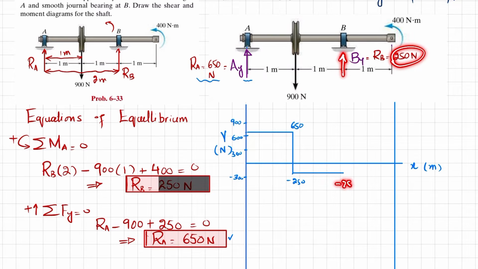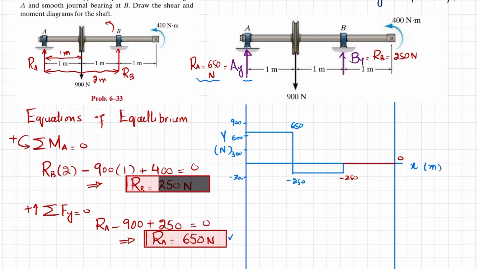So minus 250 plus 250 will bring the shear force to 0. And again moving from point B till the end, there is no shear force, so it will remain the same. This is 0, this is minus 250.